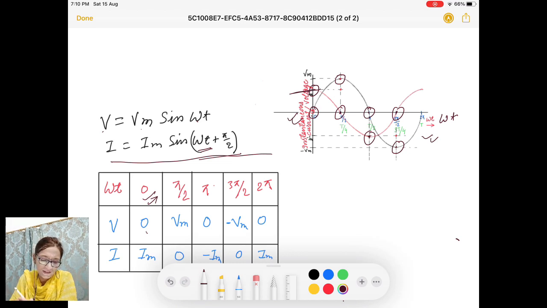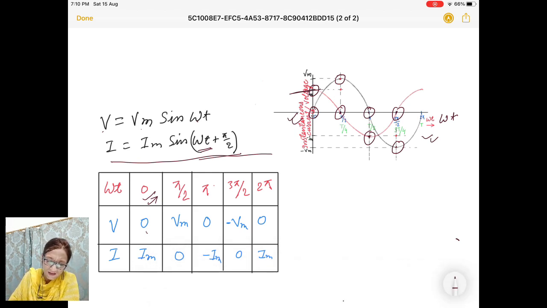Here in this case, when voltage is 0, current is highest. In the data table also, when voltage is maximum, equal to the voltage amplitude, then current becomes 0. So this is your purely capacitive circuit.